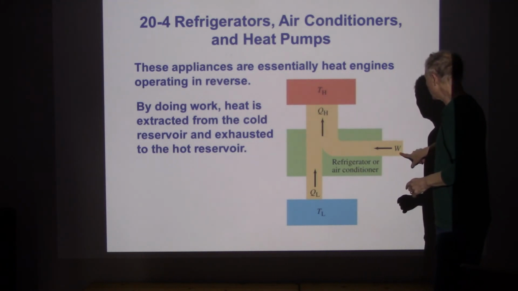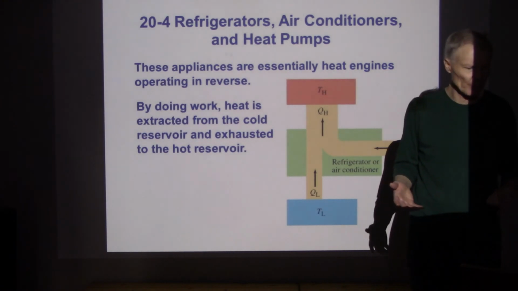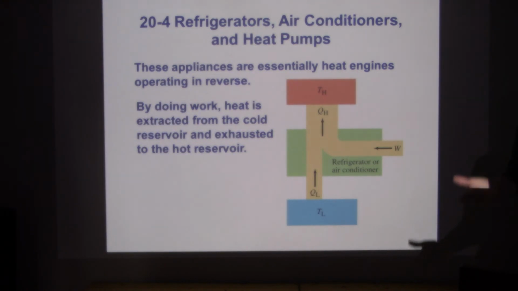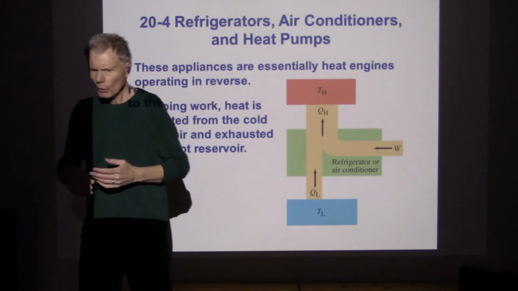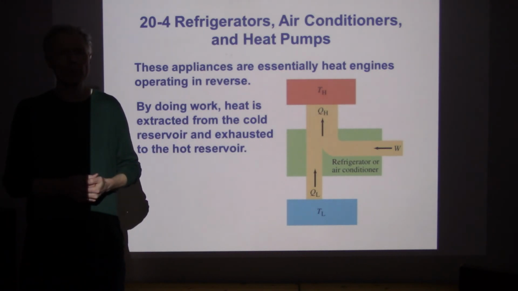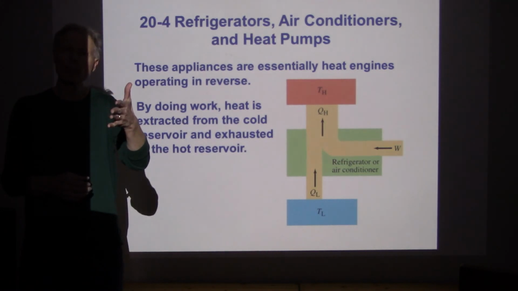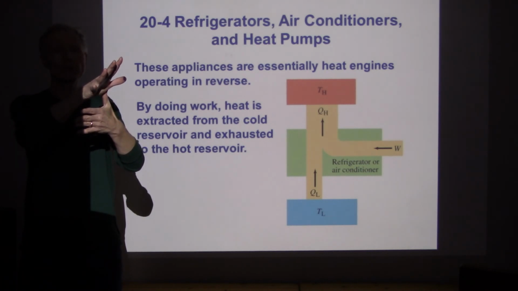What we have is work coming in, and specifically in a refrigerator we have a compressor inside that is able to bring the gas, or the coolant, to a really high pressure, and then the gas is released through a small opening into a low pressure region.